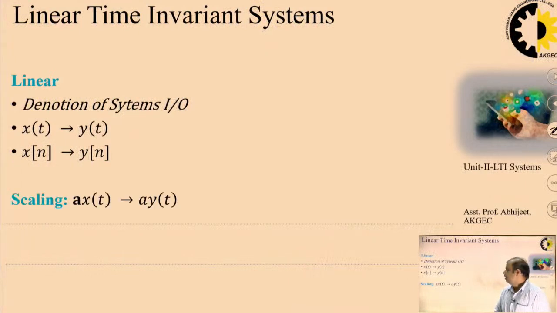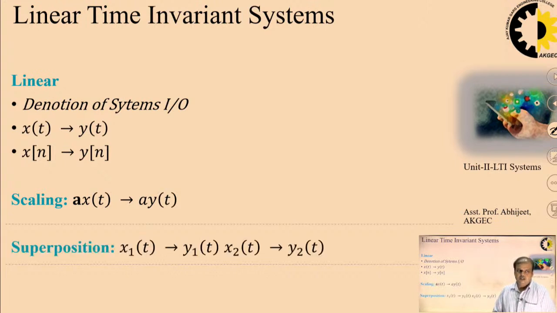The first component is that of scaling, which means that if the input is multiplied by any constant, a scalar quantity, then the output is multiplied by the same constant, and this property is called scaling, also called homogeneity. Secondly, linearity also satisfies what is called superposition.